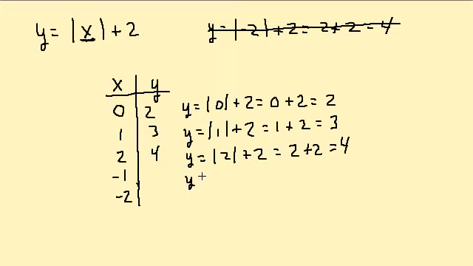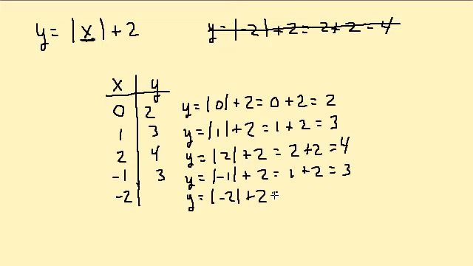And then y equals absolute value of -1 plus 2, which equals 1 plus 2, which equals 3. And then y equals absolute value of -2 plus 2, which equals 2 plus 2, which equals 4.